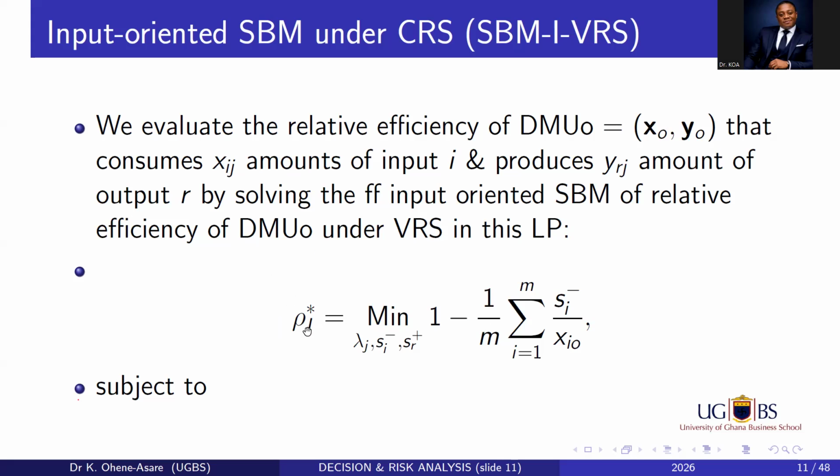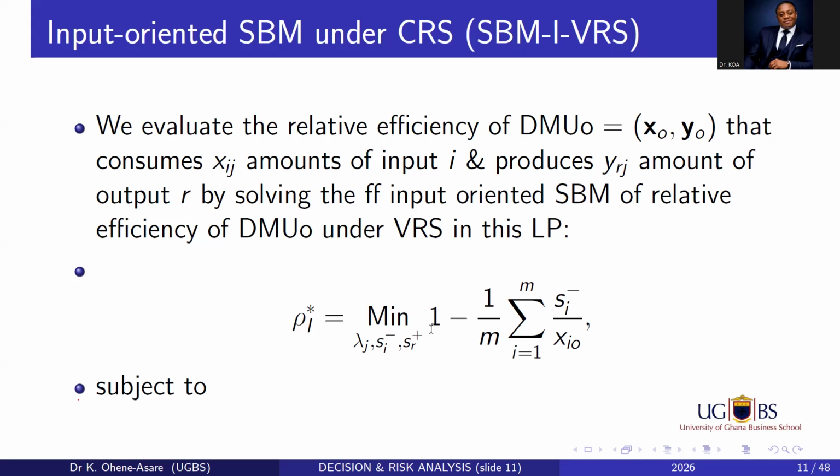I'm using i for the input here. The rho is the input-oriented efficiency score. To get the input-oriented efficiency score, we need to minimize this objective with the intention of finding the following decision variables: the lambda, the S_i negative, and then the S_r positive. The S_i negative is the input slack. The S_r positive is the output slack.